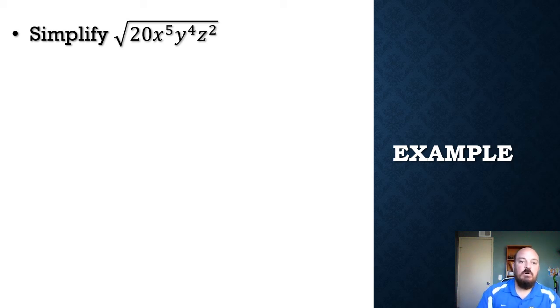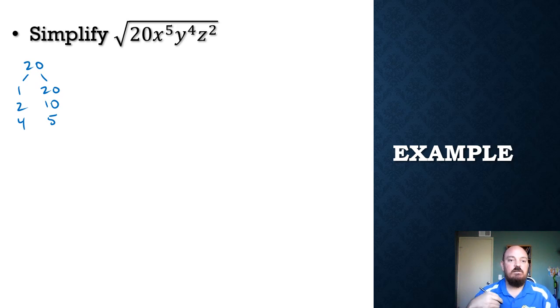So let's do the number part first. And this is our lesson from before. I'm going to take my 20 and make a factor tree. 20 could be 1 times 20, 2 times 10, not 3, could be 4 times 5, and that's the end of our list because we got back to the 5. As I look through my list, the biggest perfect square is 4. So I'm going to use the 4 and the 5.